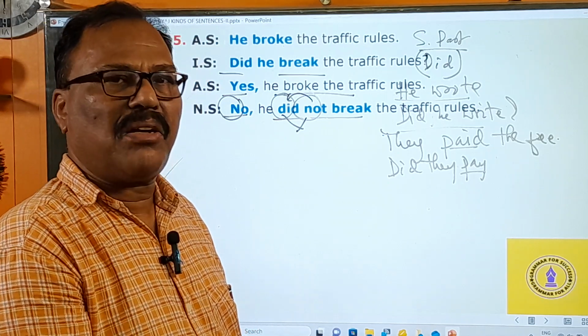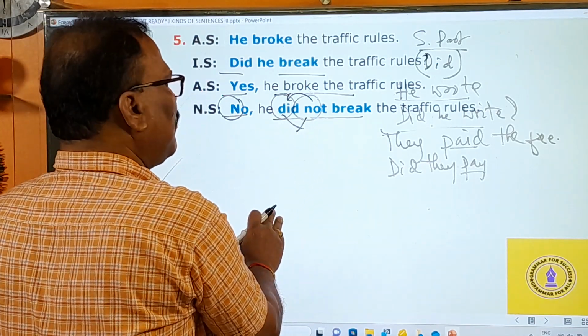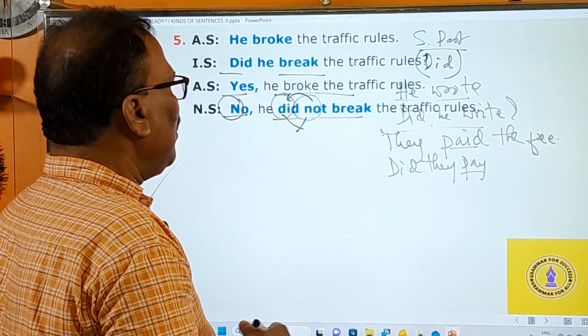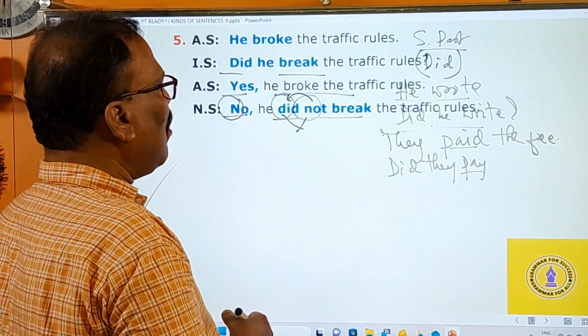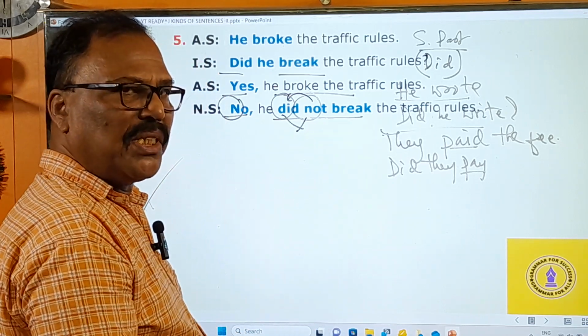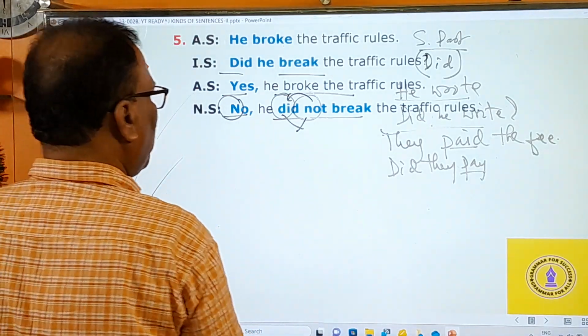Didn't is correct English or spoken English. He didn't break, you can say, if you are thorough, if you are fluent. Instead of saying no, he did not break the traffic rules, you can say he didn't break the traffic rules. Practice it like that and your English becomes fluent.